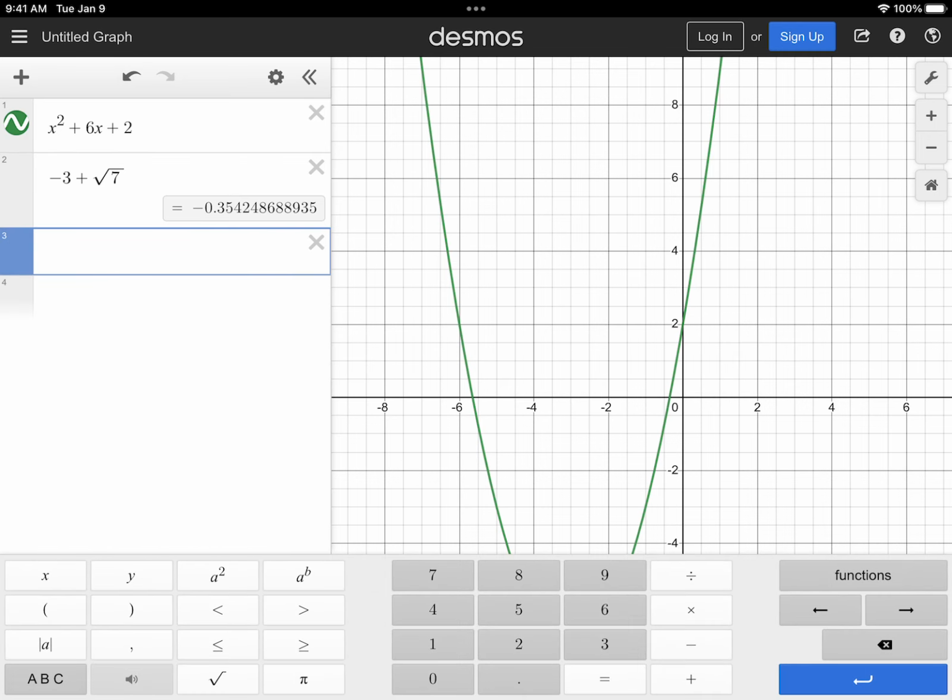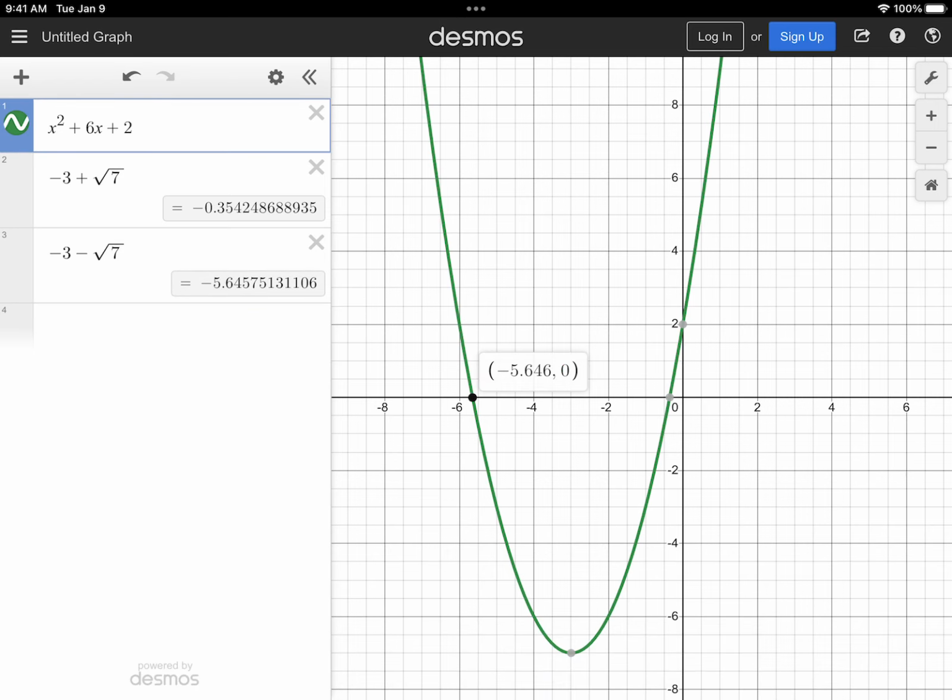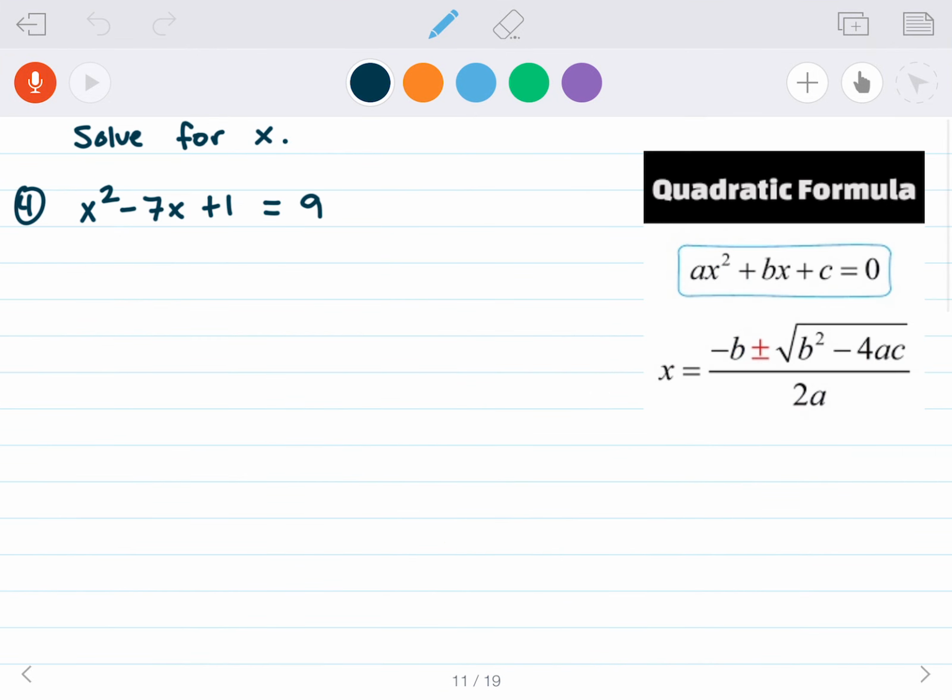And then we have negative 3 minus the square root of 7, which is negative 5.6 and so on, which corresponds to the leftmost zero. Alright, so that was that.